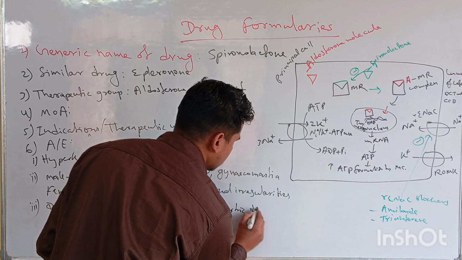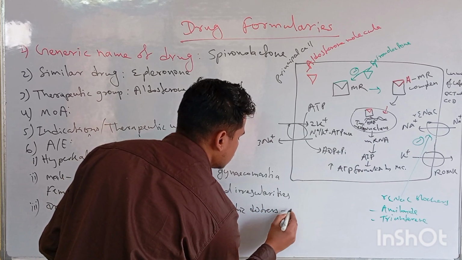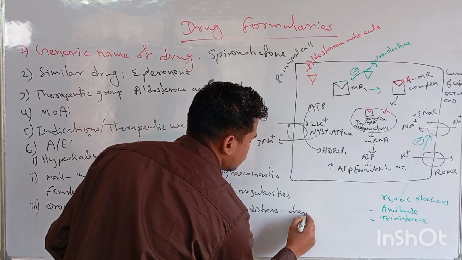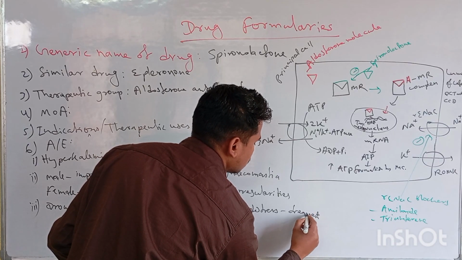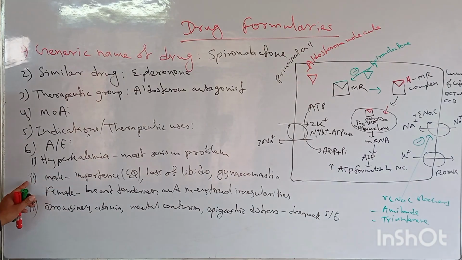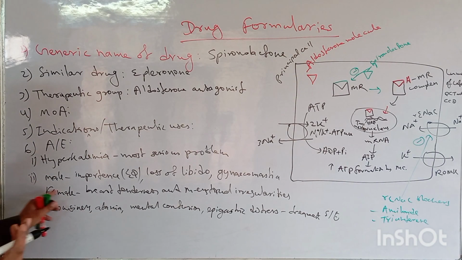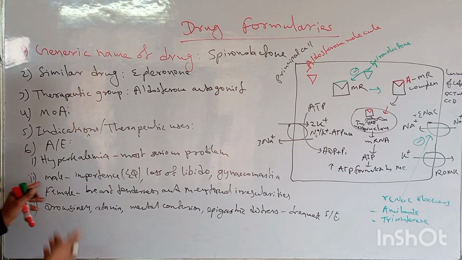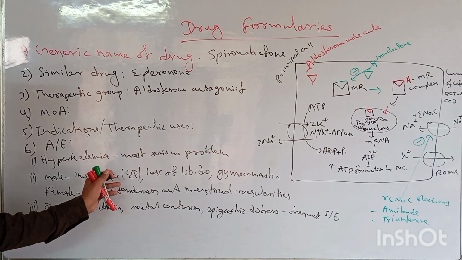These are frequent adverse events, frequent side effects. This is not so frequent, so it is point second. However, I write the other at the top because it is a significant adverse effect.